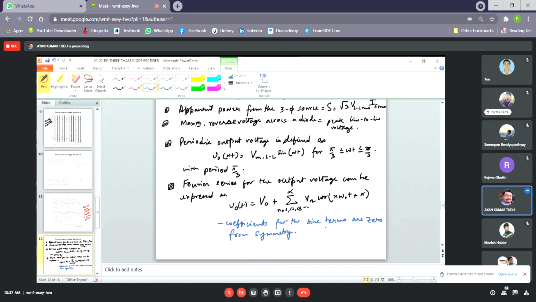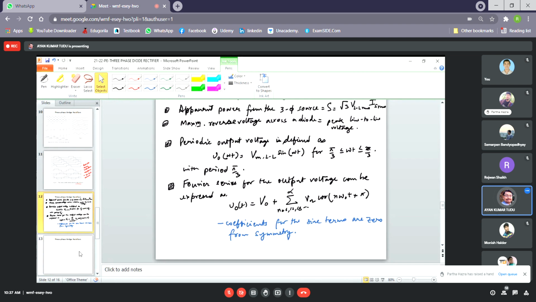Now, what would be the average or DC value of the output voltage, this V0?